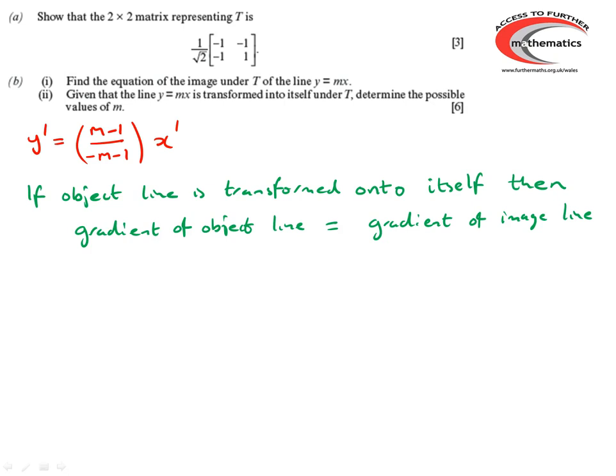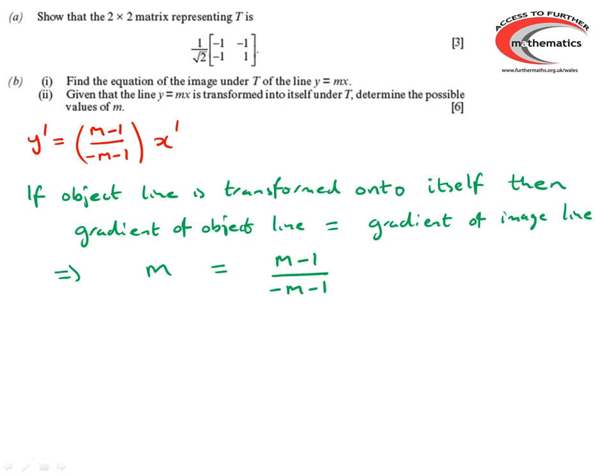Now, if the object line is transformed into itself, then the gradient of the object line must be the same thing as the gradient of the image line. The gradient of the object line is m. The gradient of the image line is m minus 1 divided by minus m minus 1. So we must have m equals m minus 1 divided by minus m minus 1.